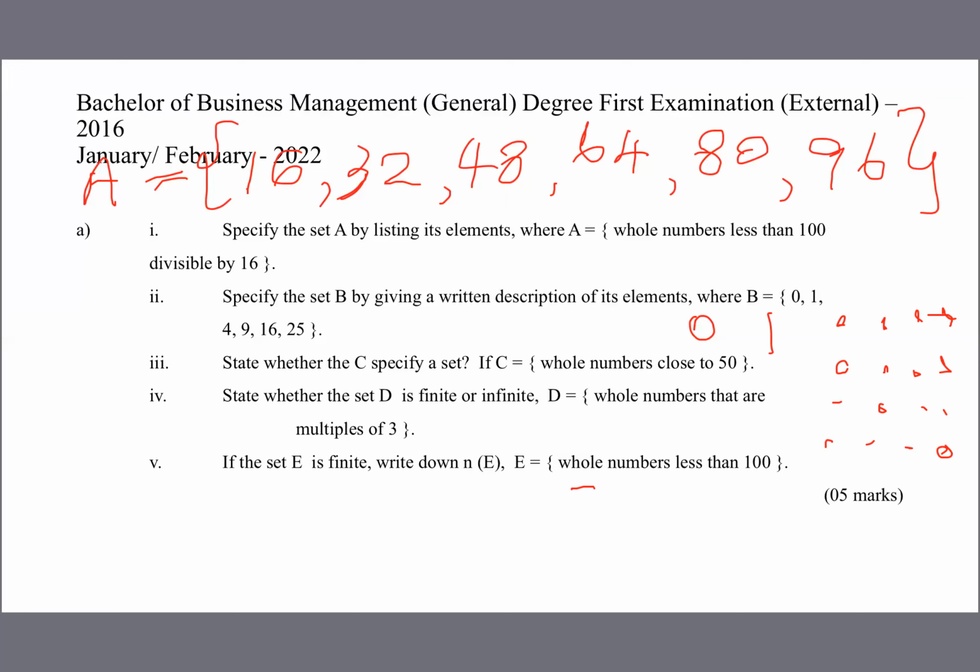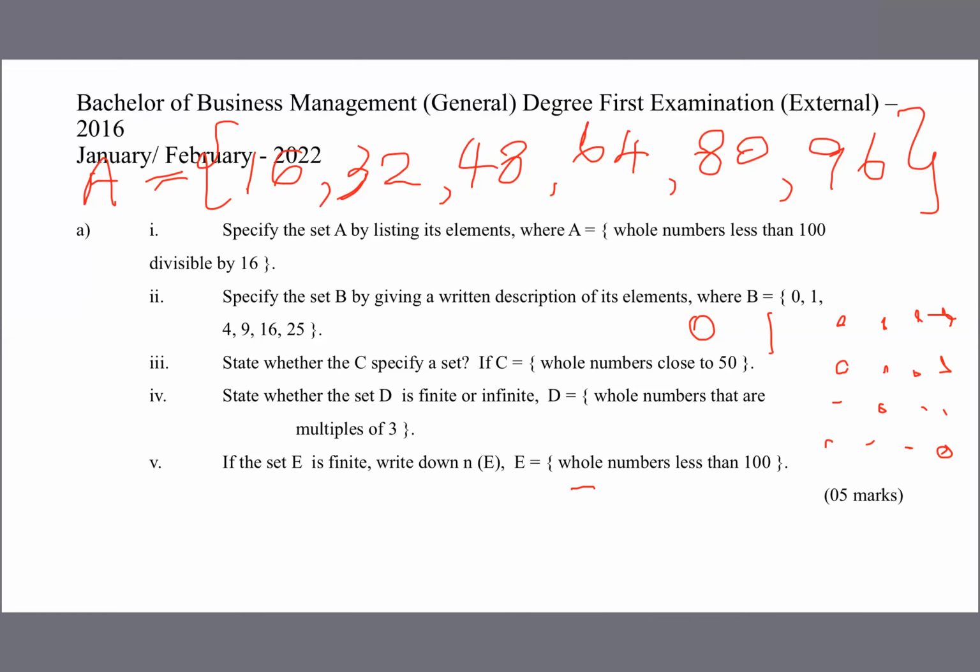And the fourth one is to state whether the set D is finite or infinite. D equals whole numbers that are multiples of 3.